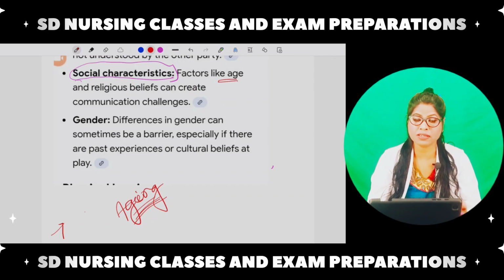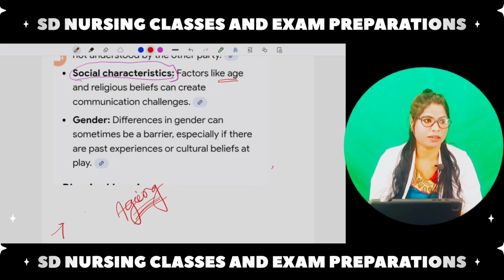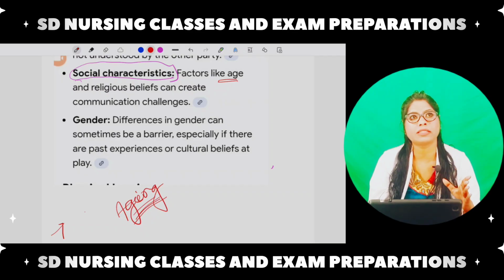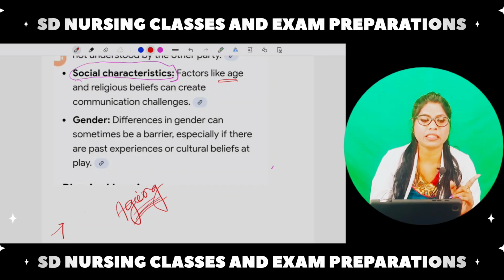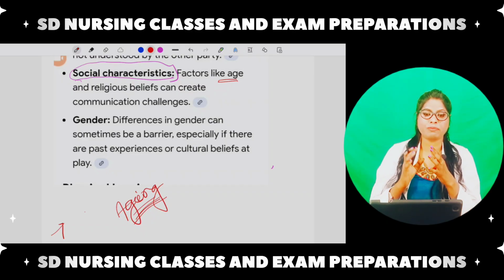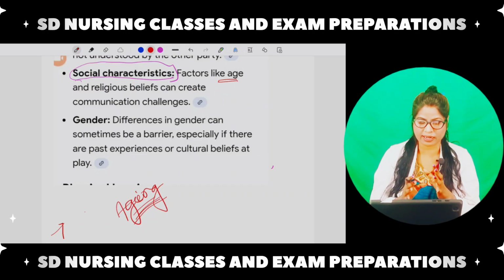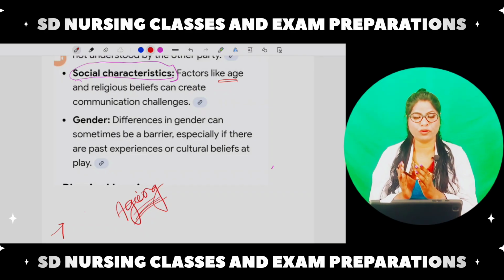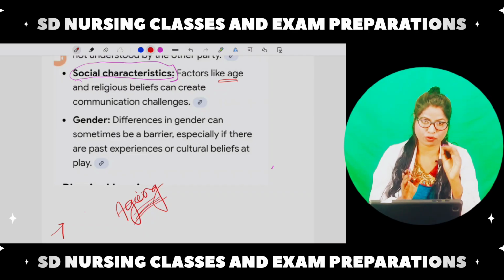Social characteristics also means that if the patient is aged and believes something like, today is Friday, I will not eat anything. If he will not eat anything, then how will he take medication? For that you have to mingle with the patient and make him understand that this is for your benefit and you have to take the medicine, that's why you have to eat.